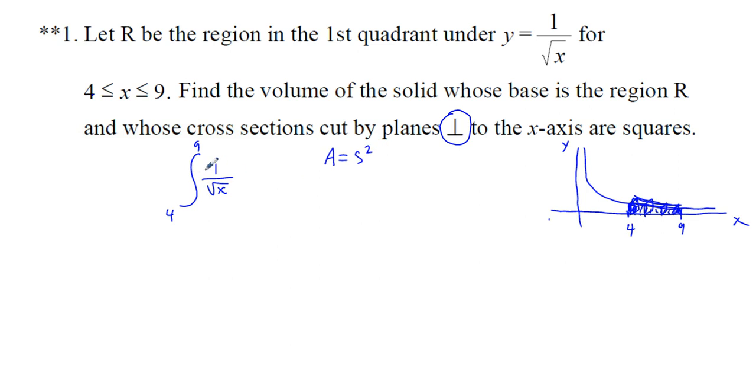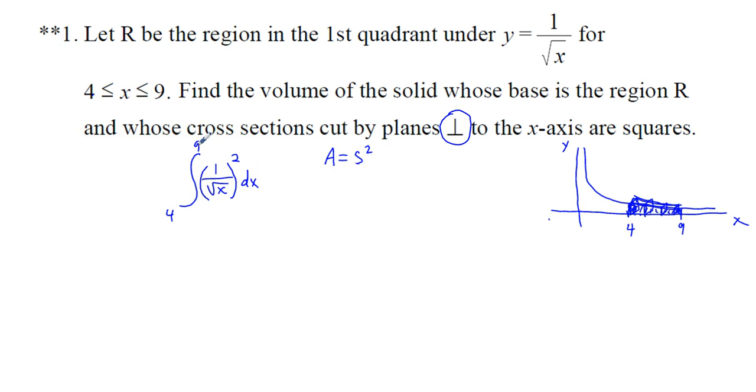So if this is the side, 1 over square root of x squared, that's going to be the volume. So we're squaring each side, using this s squared formula here.